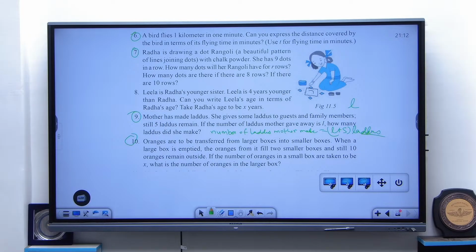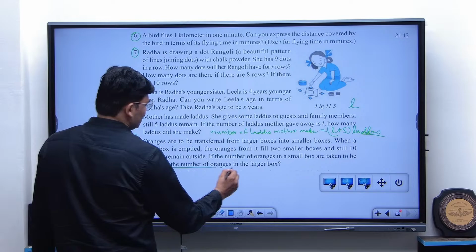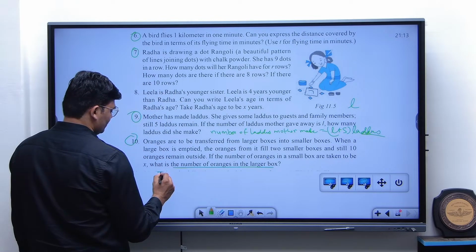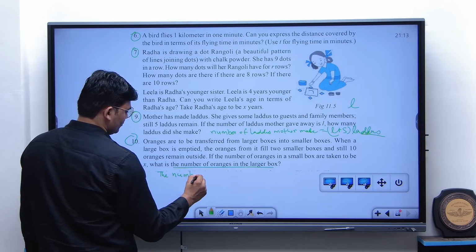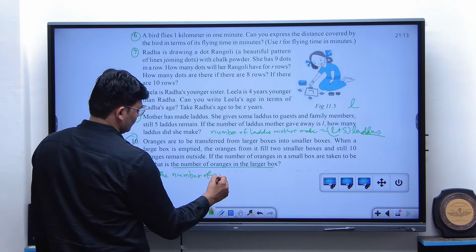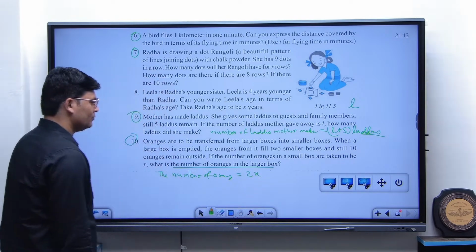If the number of oranges in the small box is taken to be X, what is the number of oranges in the larger box? So you will write first the number of oranges in the larger box is equal to 2x plus 10 oranges.